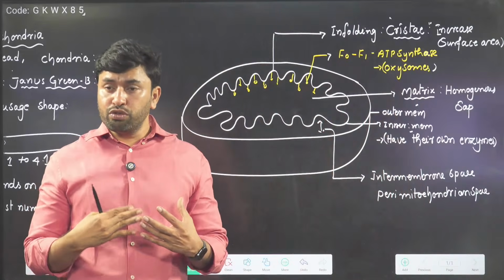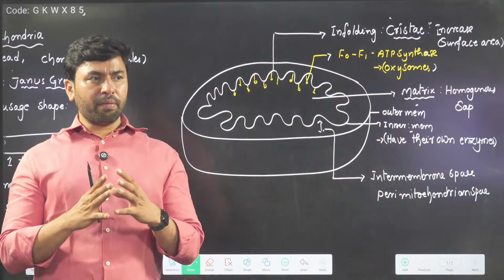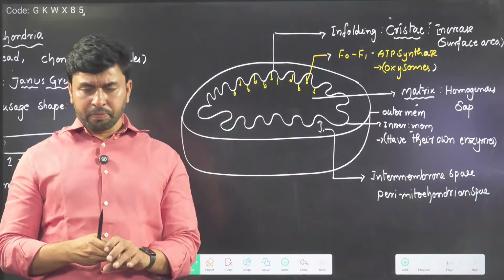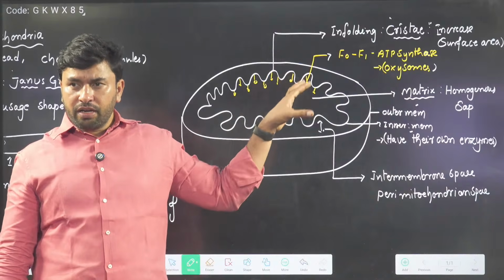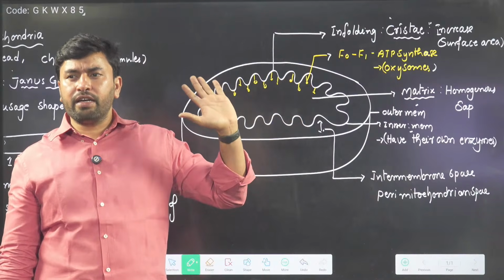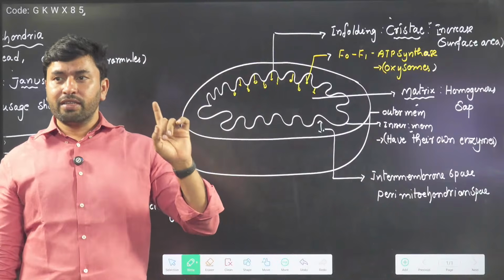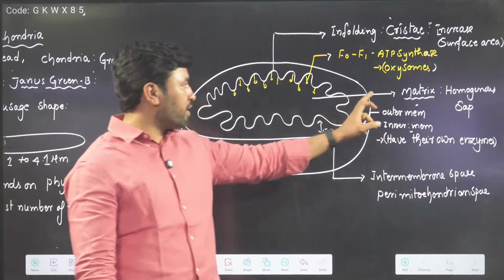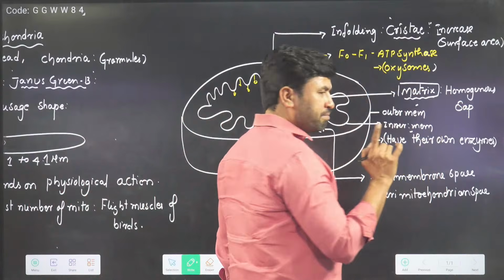Heterogenized sap would mean that every corner has a different chemical composition. That homogenized sap in our mitochondria has a special name called matrix.